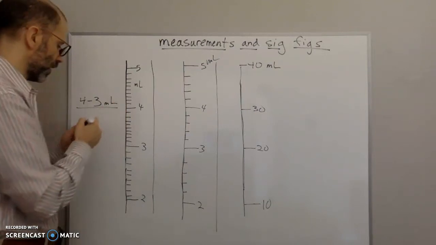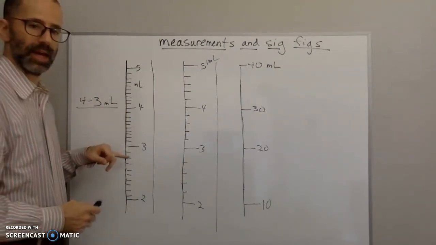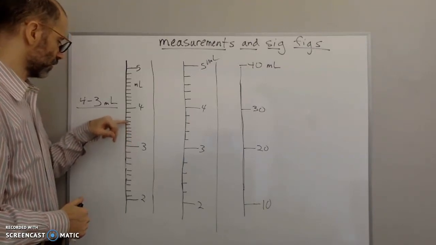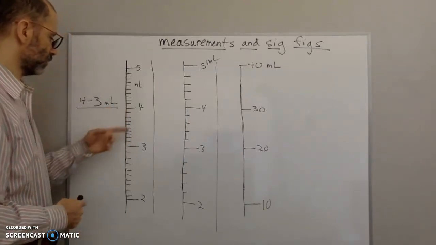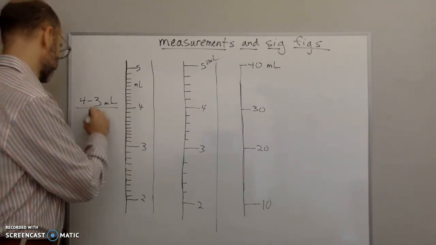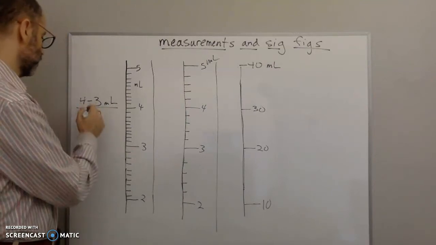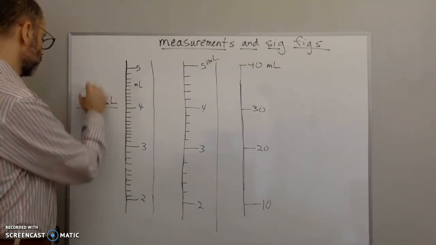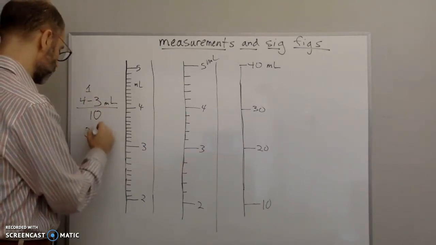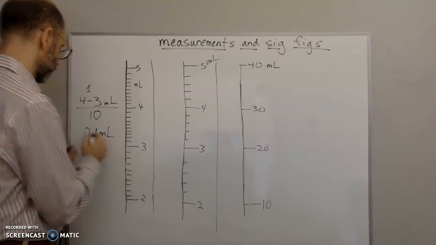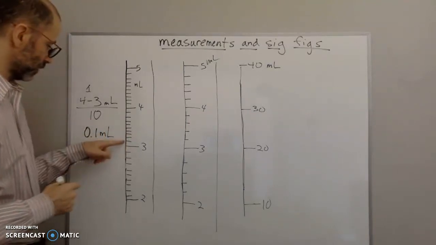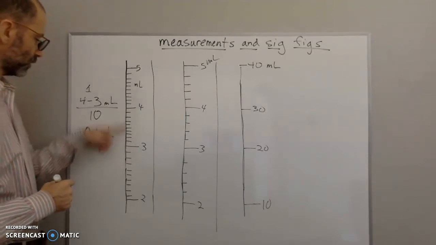And then I divide by the number of spaces on the instrument. 1, 2, 3, 4, 5, 6, 7, 8, 9, 10. So I have 10 spaces, 10 increments. So I'm going to divide that by 10. 4 minus 3 is 1, and 1 divided by 10 gives me 0.1 milliliters. So that means that each line represents 0.1 milliliters.